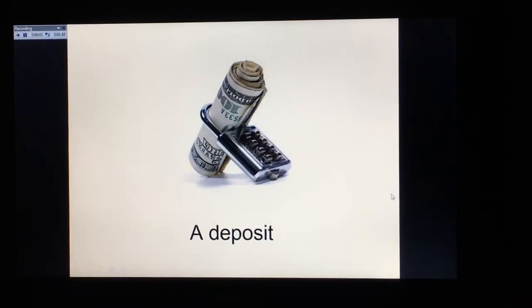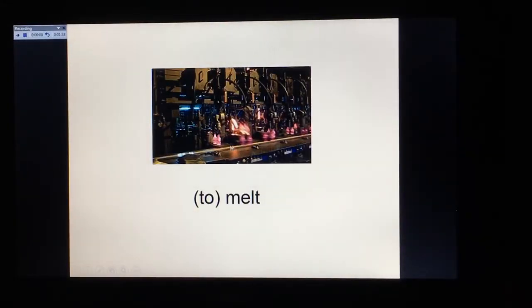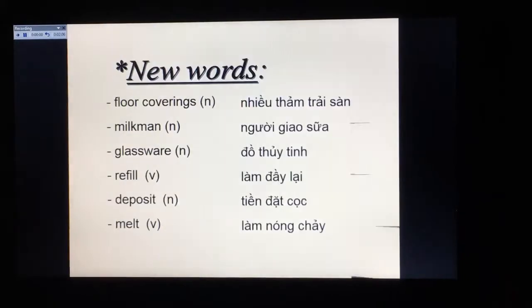And here, the money you give to somebody, it is called deposit. Deposit. And the picture is about melt. Melt. Now I help you with the meanings, Vietnamese meaning of new words.